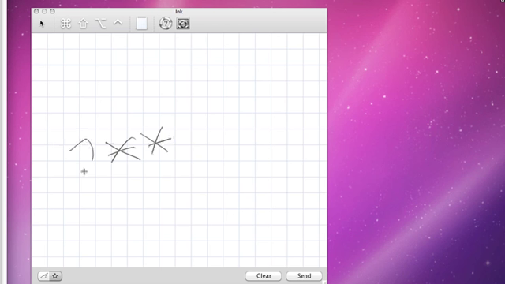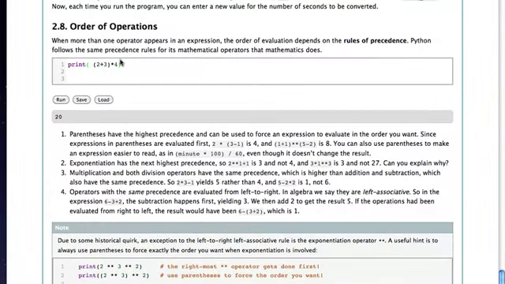So if I say 2 raised to the third power, that's 2 times 2 times 2, and the result should be 8. And so if I come over here to my active code, 2 raised to the third power, run that, and I see that it prints out the result 8.